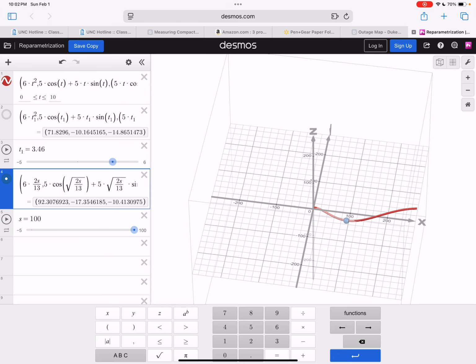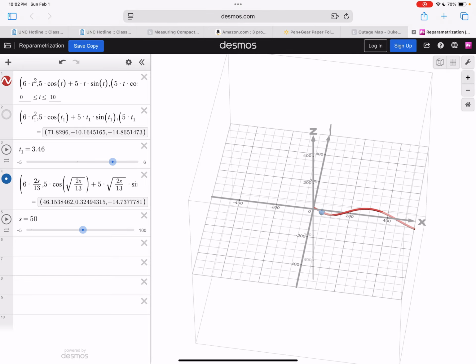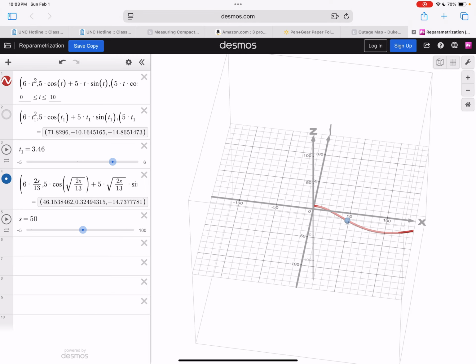If I move this slider, when s is 50, the point has actually moved 50 units. It's not exactly on the 50 because this curve snakes its way around, but the actual arc length is 50 units.